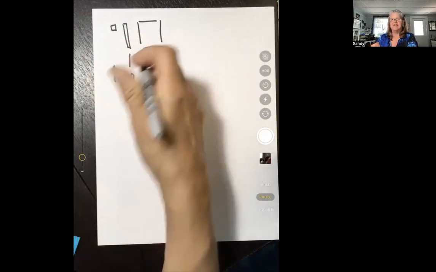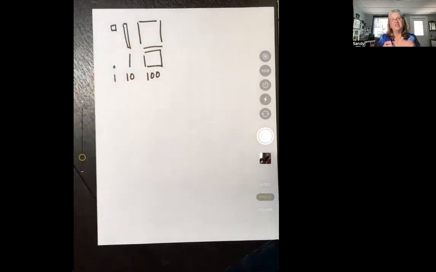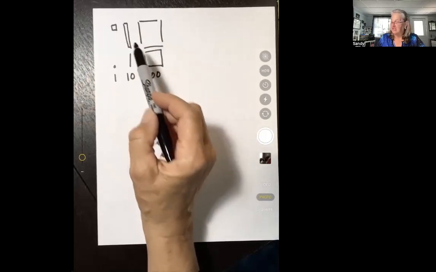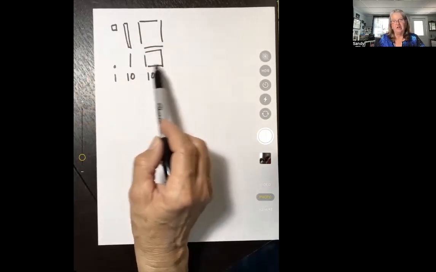What we find happens is as your children get going and try to finish things quickly, these all start to look the same. So this is just a quick way to draw them.